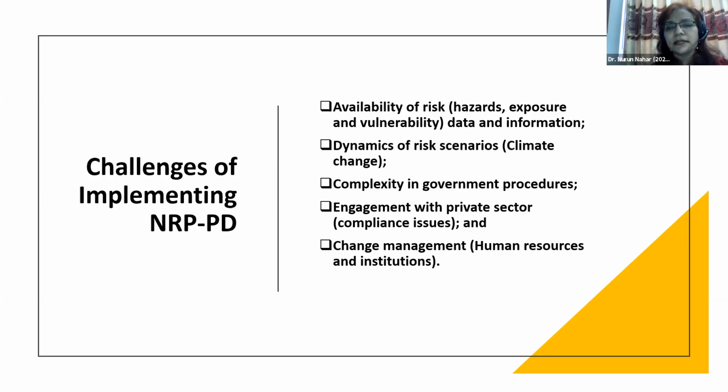And also, of course, at the human resource and institutional level, in the key ministries working in the disaster risk reduction area, we have to really step up the overall human resource skills and institutional setup.